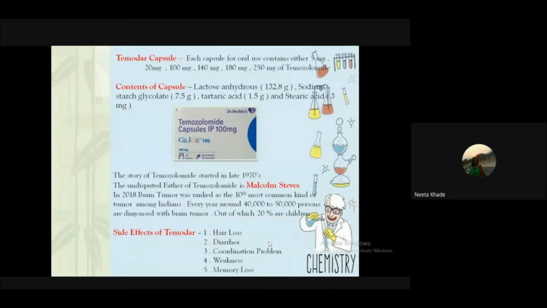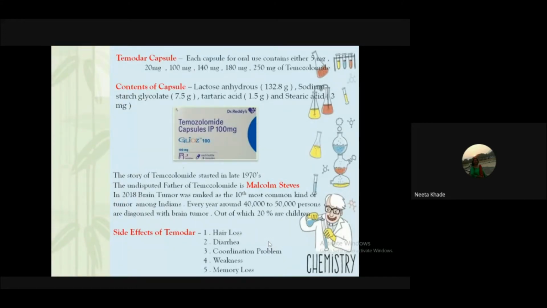Temodar is also present in capsule form. Let's see the contents of the capsule. This capsule contains either 5 mg, 20 mg, 100, 140, 180, or 250 mg of temozolomide.